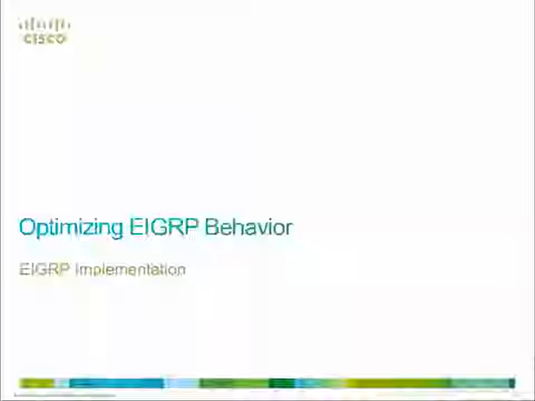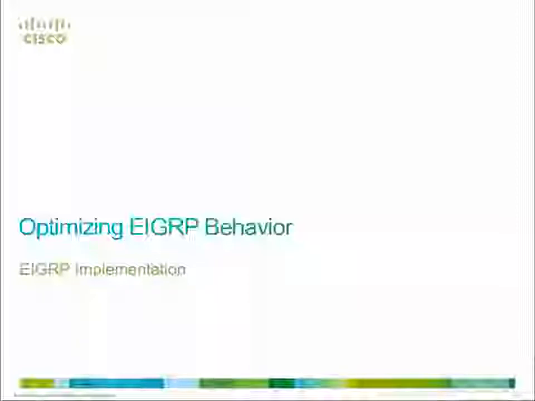So we need to talk about the query process, and what effect it will have on our EIGRP topology. We'll talk about how stub routing features work, and what a stub router is. And of course, on the test, you're going to see a stub routing lab, so this is a pretty important concept. We're going to talk about the stuck inactive issue.